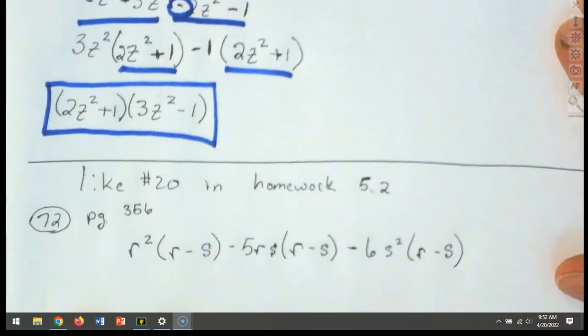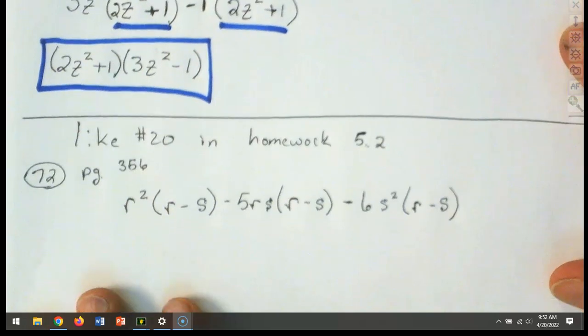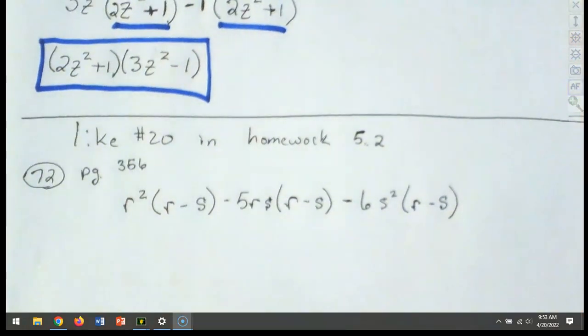Okay, so when we first look at this one, it looks a lot more complicated than what it really is. So the very, very first thing we look at is we see if they have something in common. It might be a number in common, it might be a variable in common, and it might be a set of parentheses that's in common.